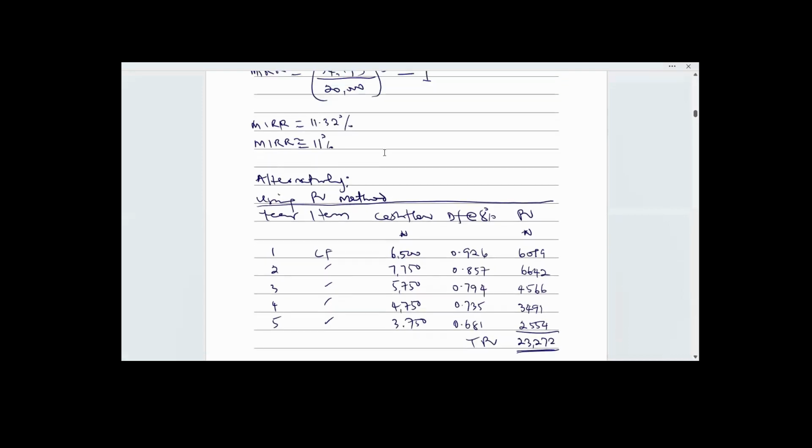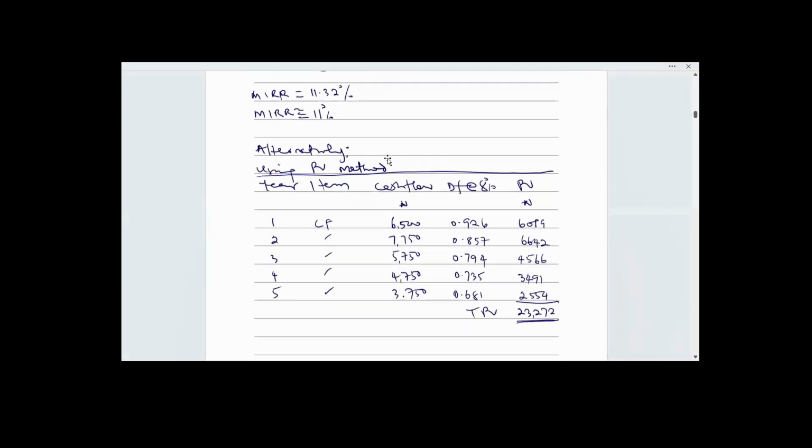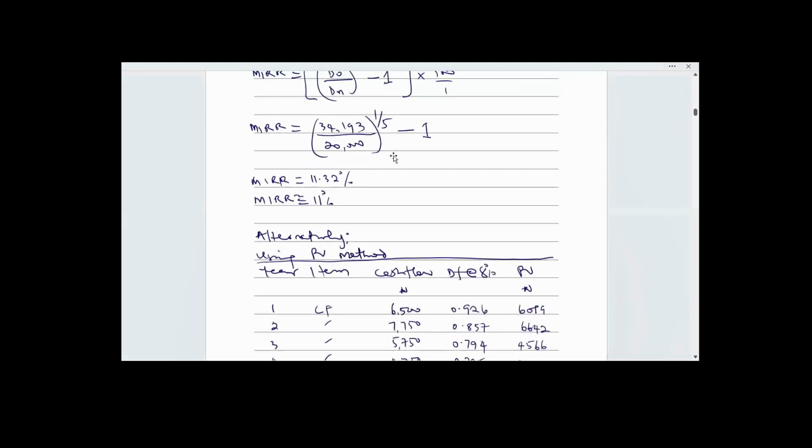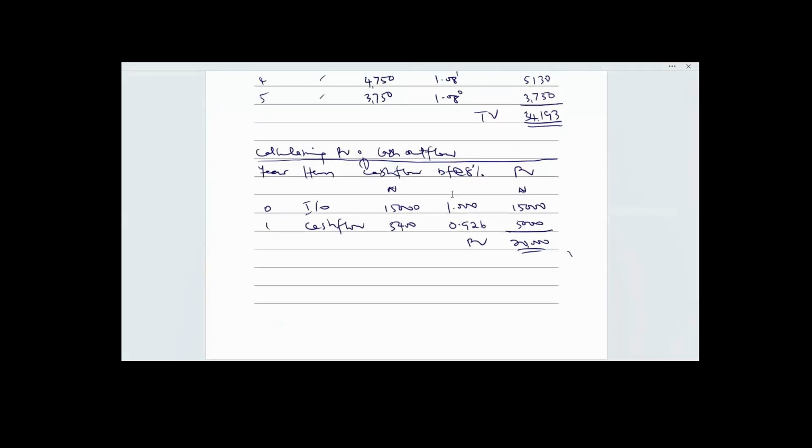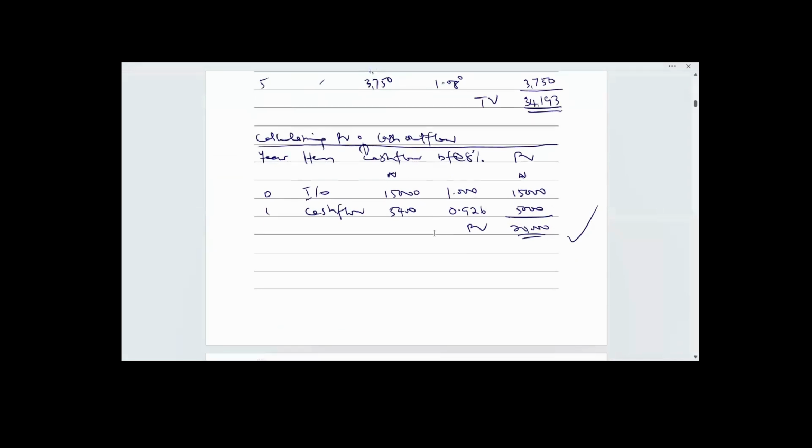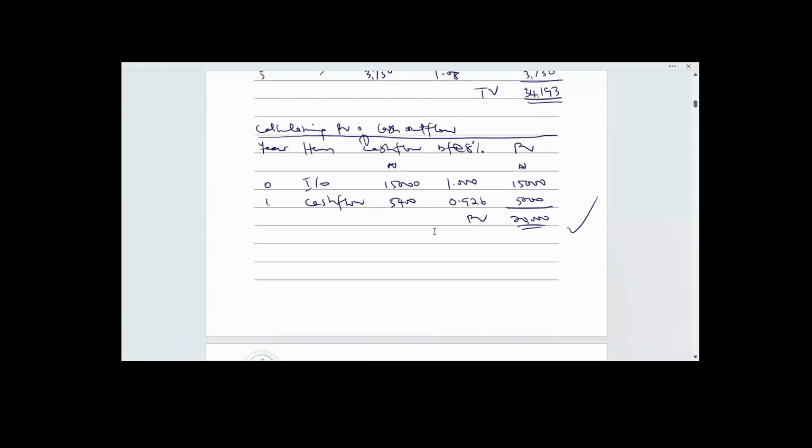So we've already calculated present value of negative cash flow before, which is 20,000. So that's what we are going to use. But if we have not done it before, you have to do it this way also. The same way we got this 20,000, calculate the present value of cash outflow like that.